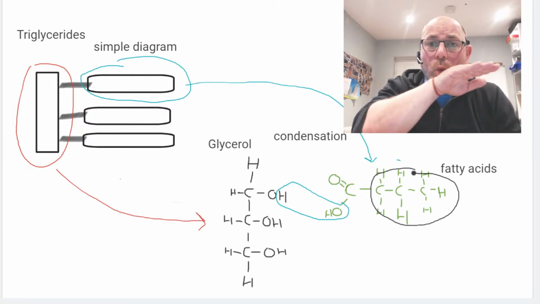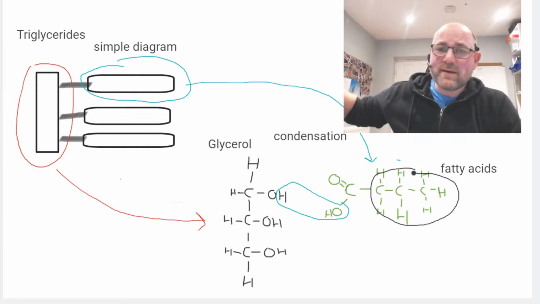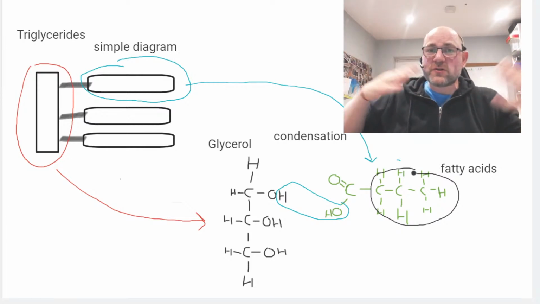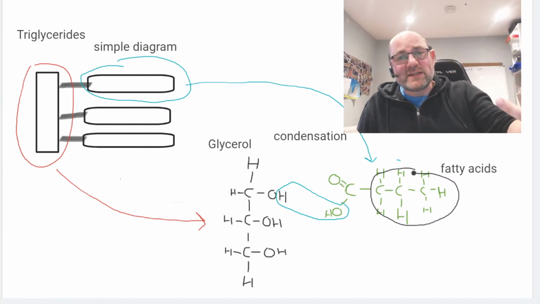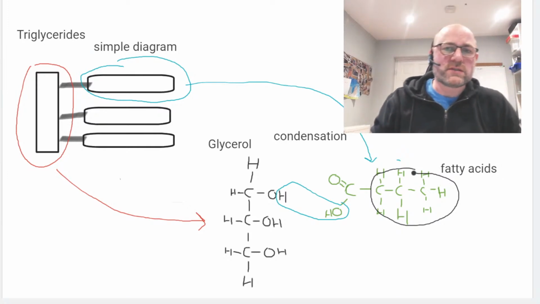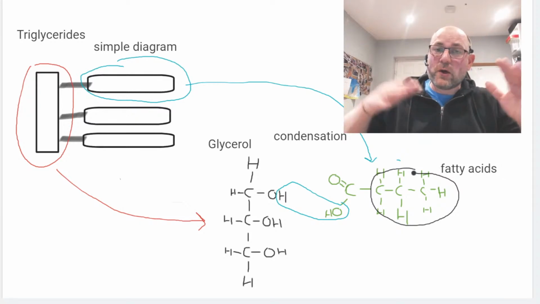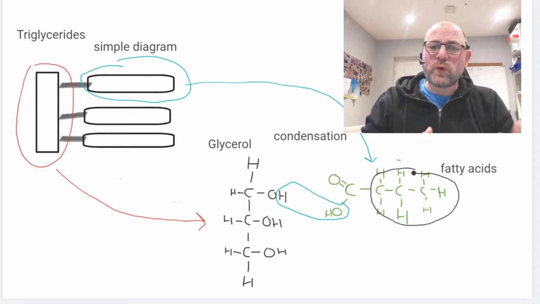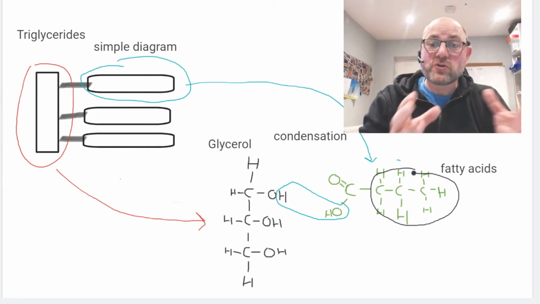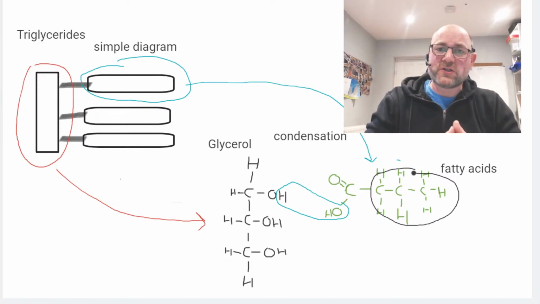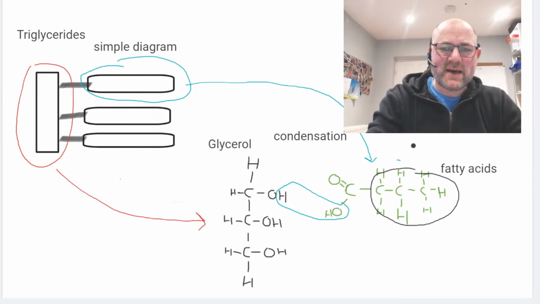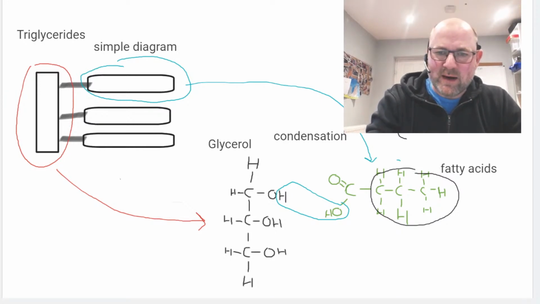That could have 100 carbon atoms in it. So you get all different types of fatty acids, some with 20 carbons, some with 10 carbons, some with 50 carbons. So fatty acid chains can be all different lengths. And so we can just represent that with an algebraic symbol that we use in biology to represent side chains.